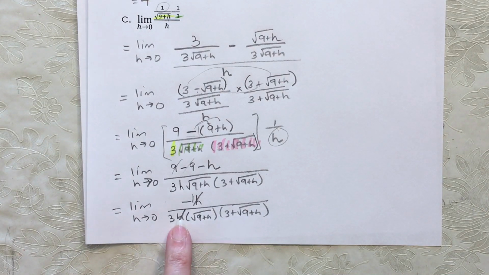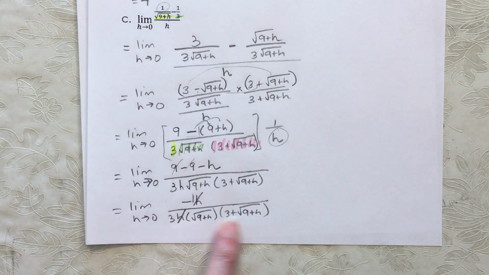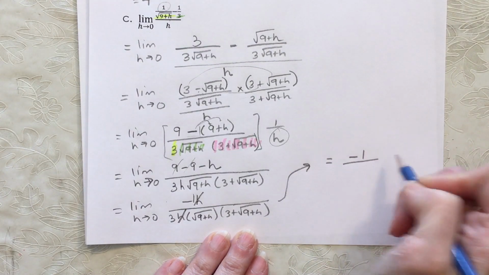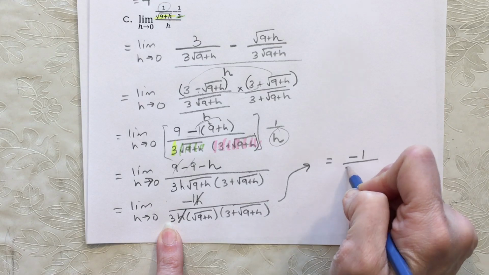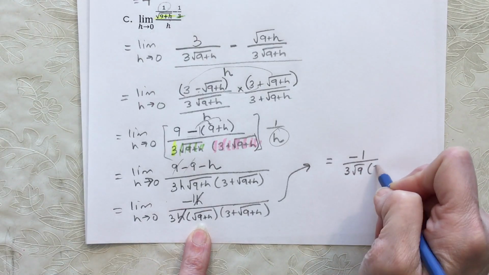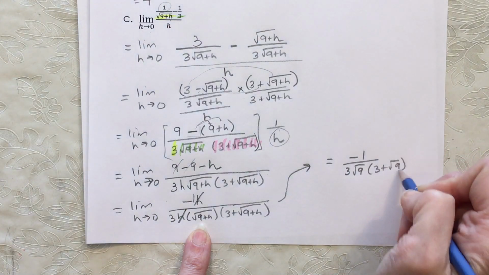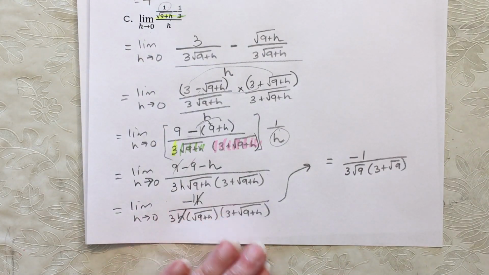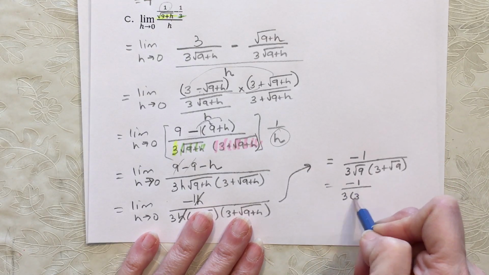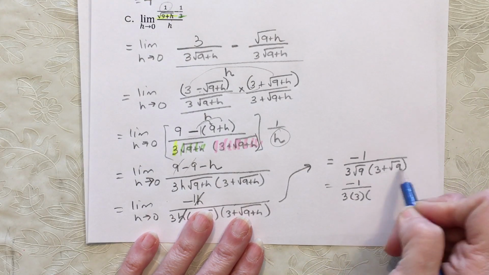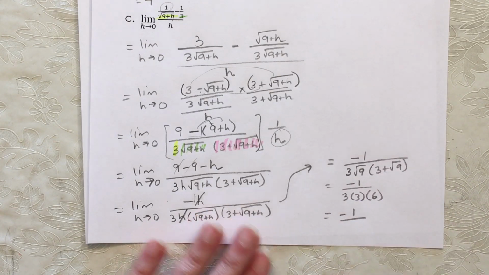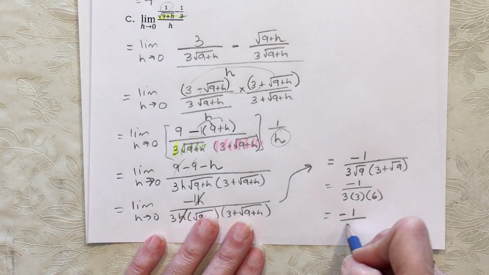So now that I don't have just a plain h in the bottom, it's safe to let h approach 0, which is going to give me negative 1 over, as h approaches 0, 3 root of 9 times 3 plus the root of 9. So just try to simplify that denominator: negative 1, 3 times 3 times, that's going to be 3 plus 3, which is 6. So that limit turns out to be negative 1 over 54.